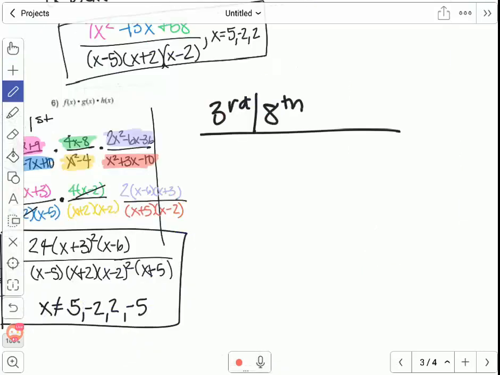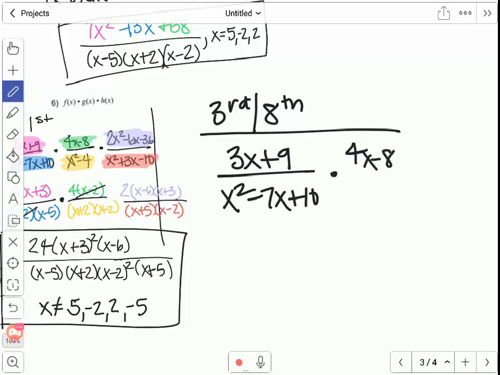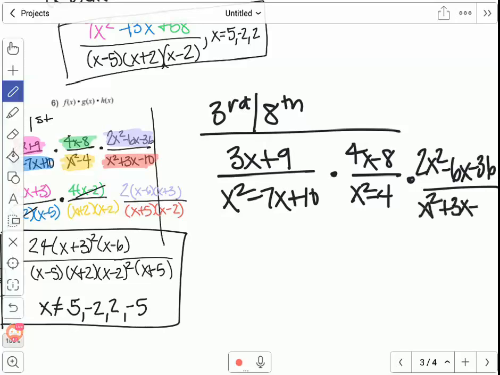So again, we start off the same: 3x plus 9 over x squared minus 7x plus 10, times 4x minus 8 over x squared minus 4, times 2x squared minus 6x minus 36 over x squared plus 3x minus 10.